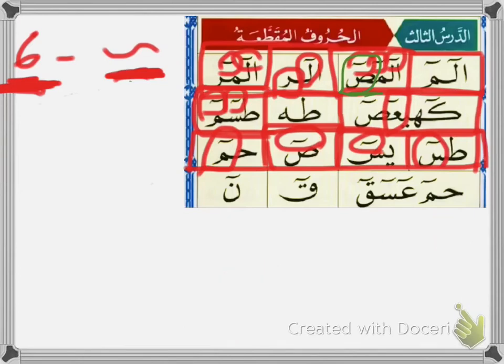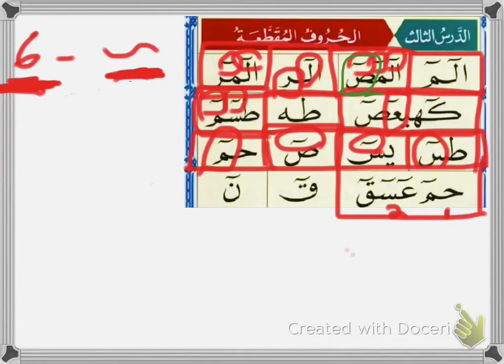Now we're going to go to this one. This one is 2 ayat, like we said before. This is the first ayah and this is the second ayah. So we pause on the Ha Mim after that, and then we start with the next ayah.